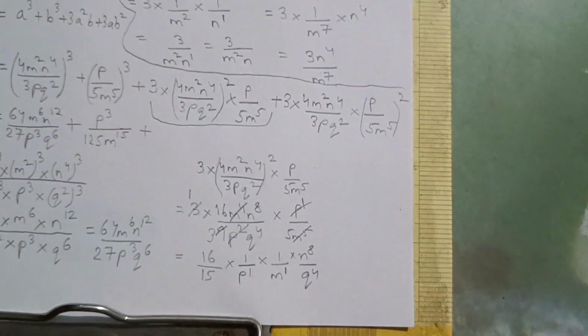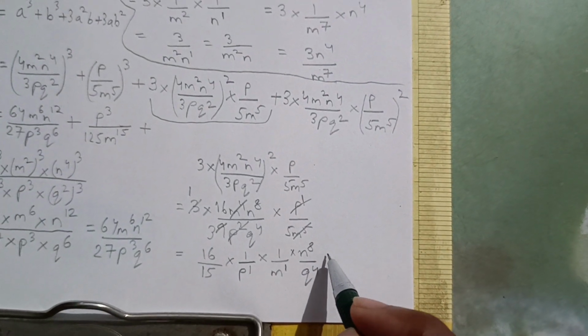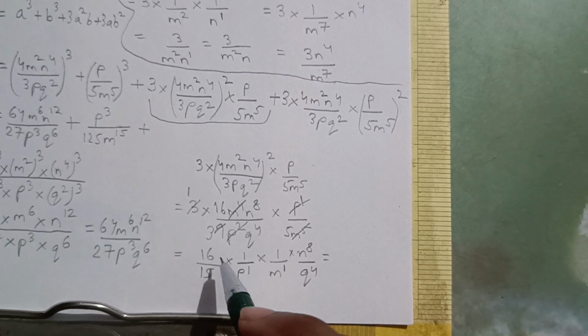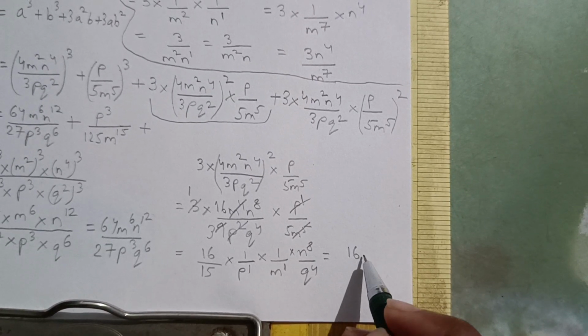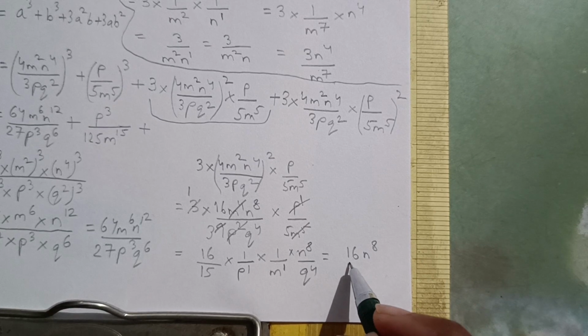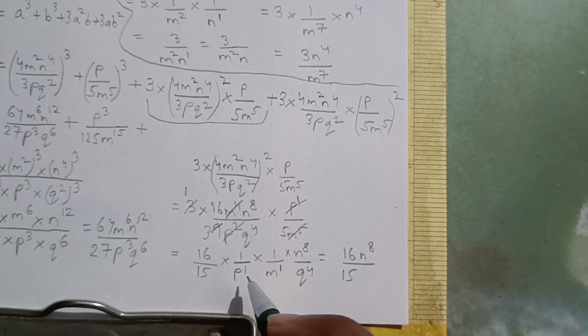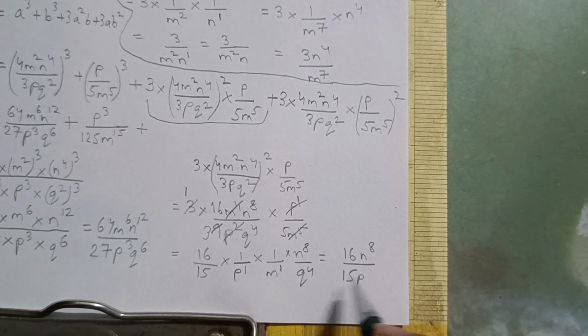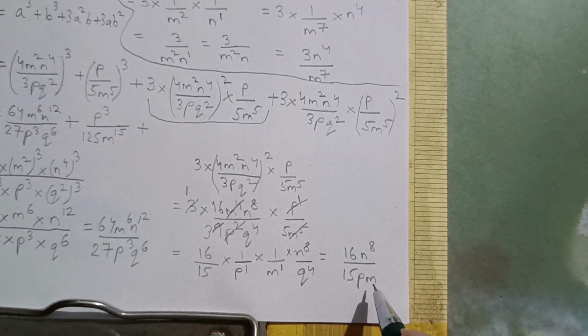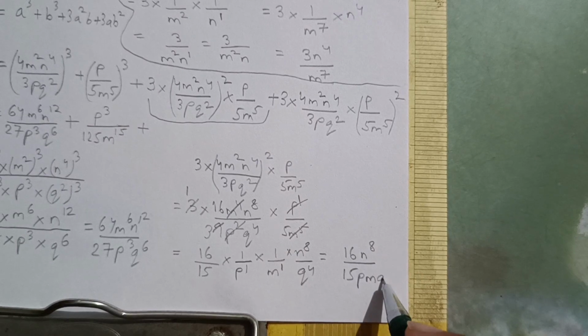Sorry for the shaking. Okay, so in the numerator it will be 16 n to the power 8, and in the denominator it will be 15. P to the power 1 is p, m to the power 1 is m, and then q to the power 4.